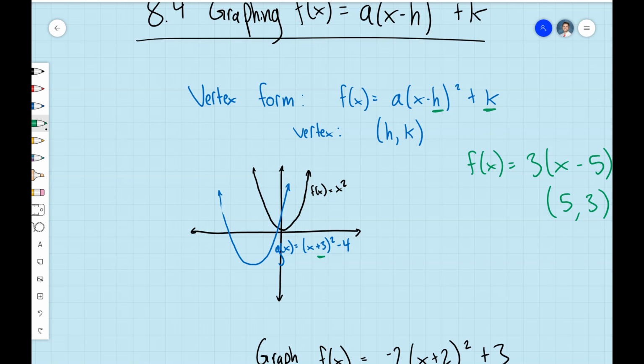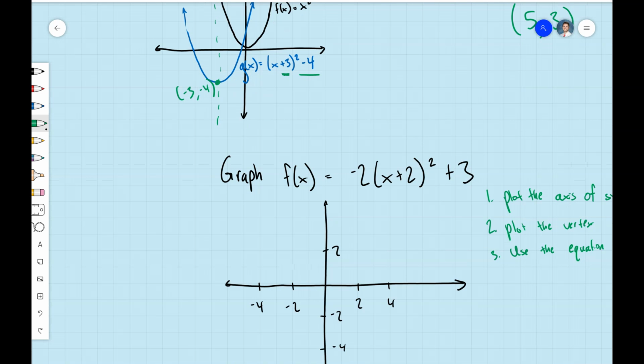We've got that plus 3, which means h is negative 3. So we go 3 to the left, and then we have minus 4, so we also shift 4 units down. You can tell here that our axis of symmetry would be at h, so x equals negative 3, and our vertex would be at h, k: negative 3, negative 4.